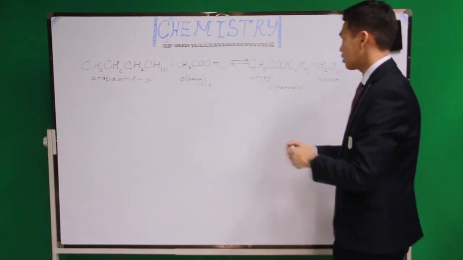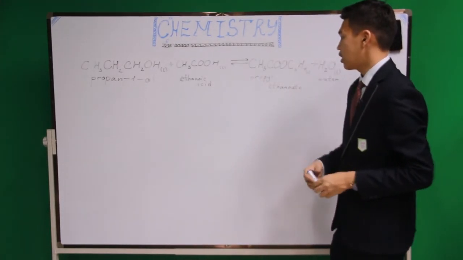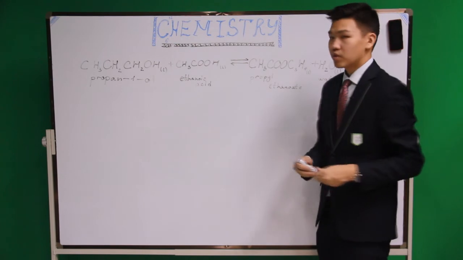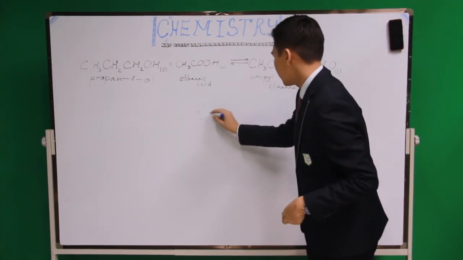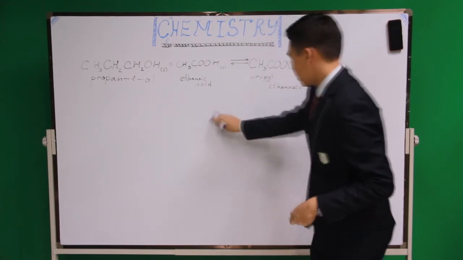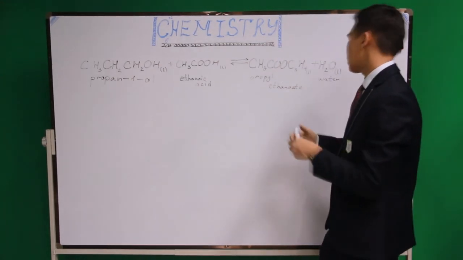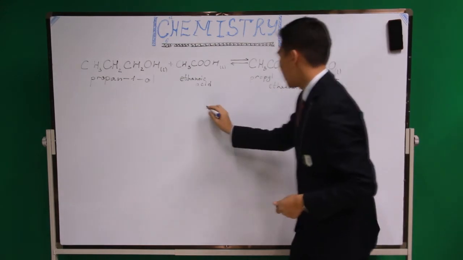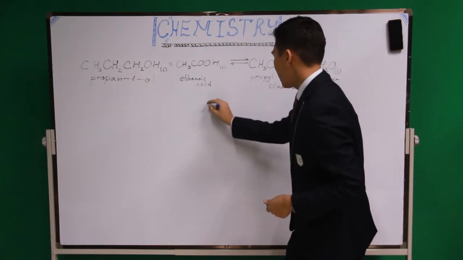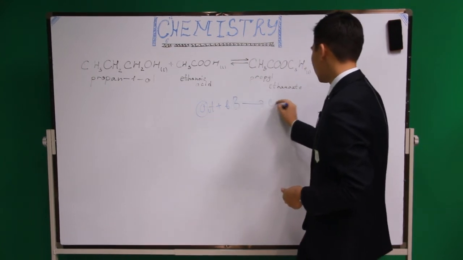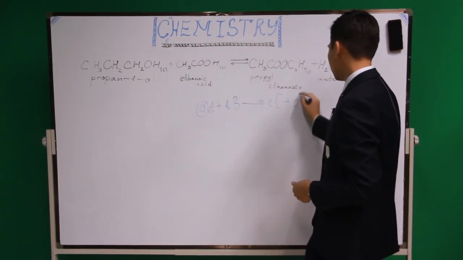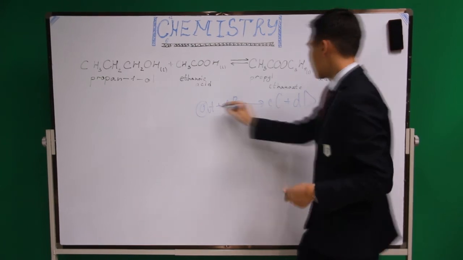So, let's talk about the general formula for every equilibrium constant value. The value of Kc is, let's make an example of the reaction: aA + bB = cC + dD.